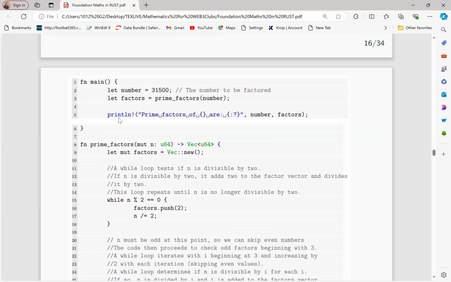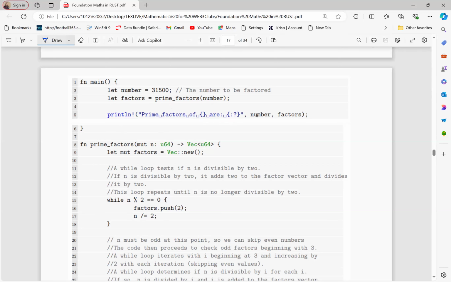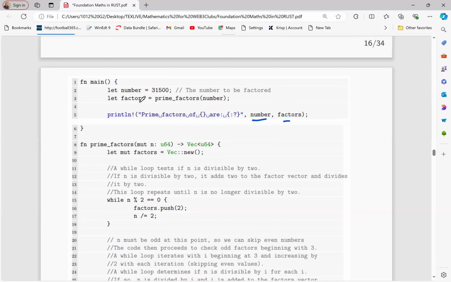So we say print prime factors of the first number is here, and the prime factors are in this bracket. What we input is the number, then the prime factors will be printed inside this bracket.